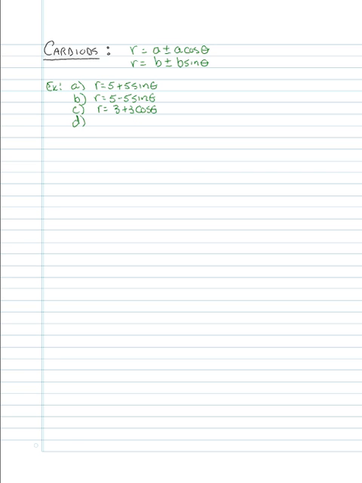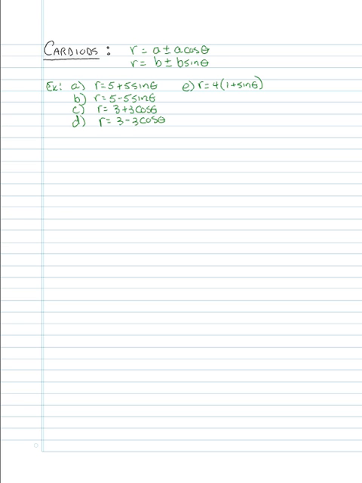Or r is equal to 3 minus 3 times cosine theta. Occasionally it is disguised a bit, and we might have something that looks like r is equal to 4 times (1 plus sine theta). But of course if we multiply that out, that would be 4 plus 4 sine theta.